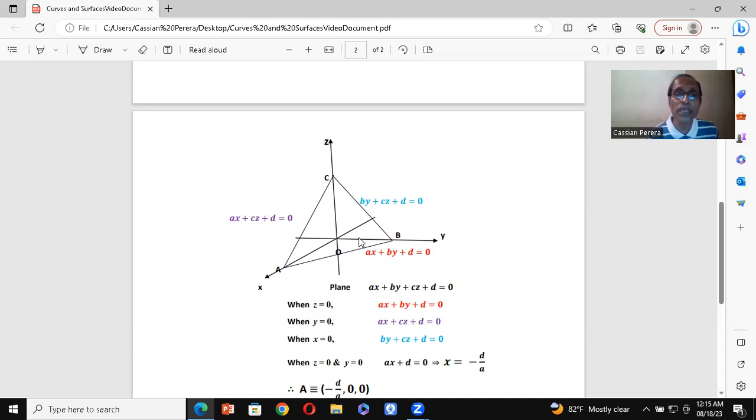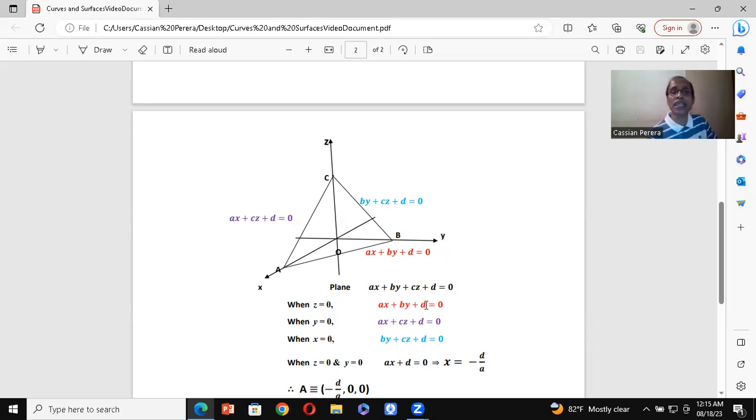If you solve z equals 0 and ax plus by plus cz plus d equals 0, we get the equation of the line AB. Substituting z equals 0, we get ax plus by plus c times 0 plus d equals 0. Therefore, the equation of AB is ax plus by plus d equals 0.